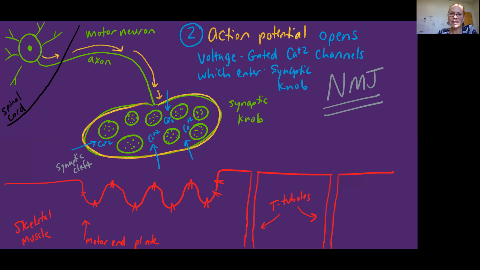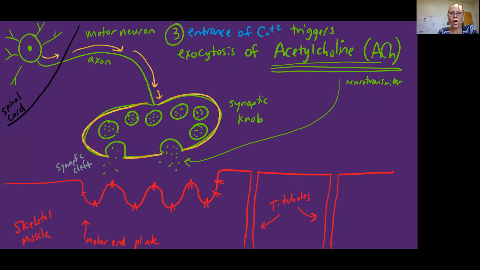Okay, so calcium has entered the synaptic knob because of the action potential, and now that's going to cause exocytosis, which of course means a type of vesicular transport of my neurotransmitter, acetylcholine. Big A, big C, little h.